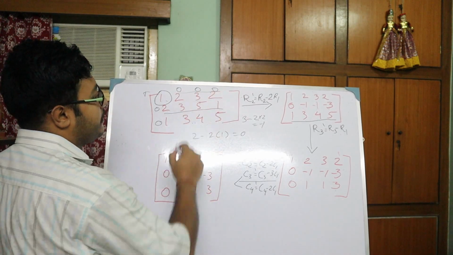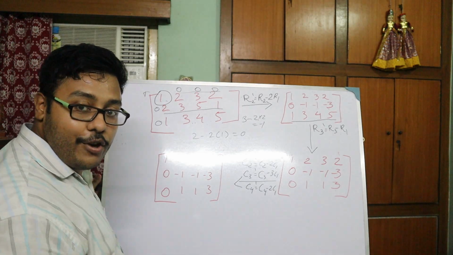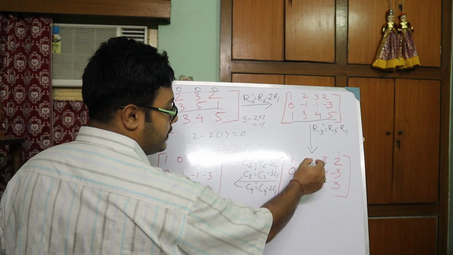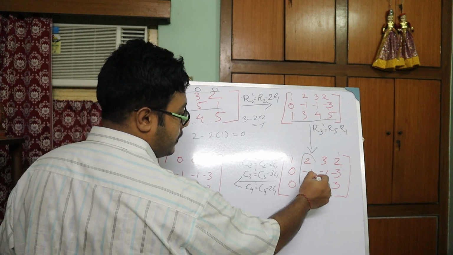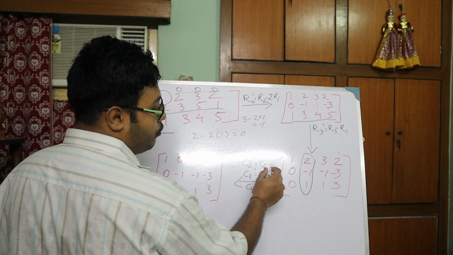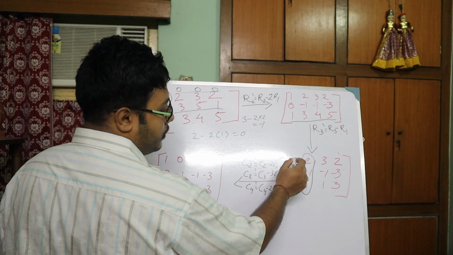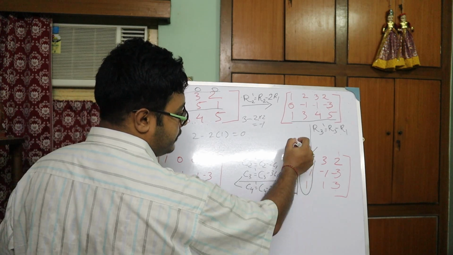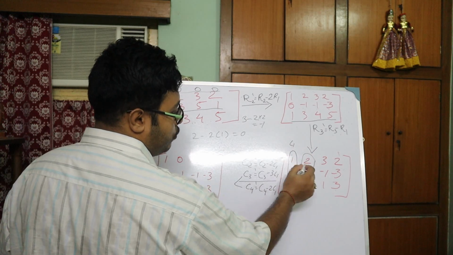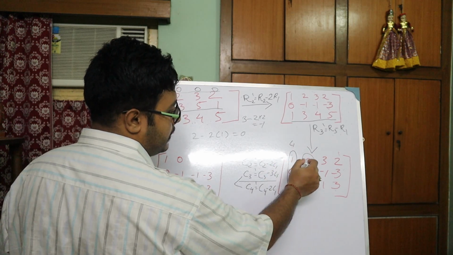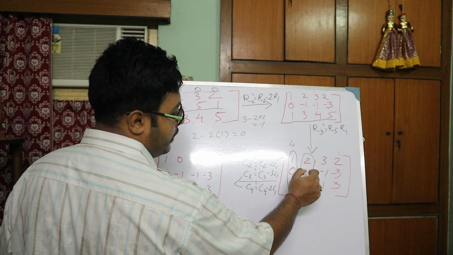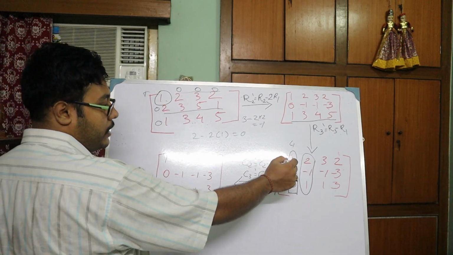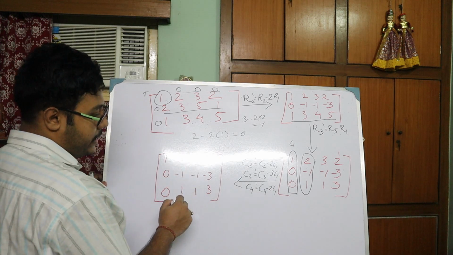Now see, what next do we have to do? We have to turn these elements into zeros, as I have told you before. So C2 dash is equal to C2 minus 2 into C1. This whole part is C1. The 2 will cancel out and it will remain as it is.